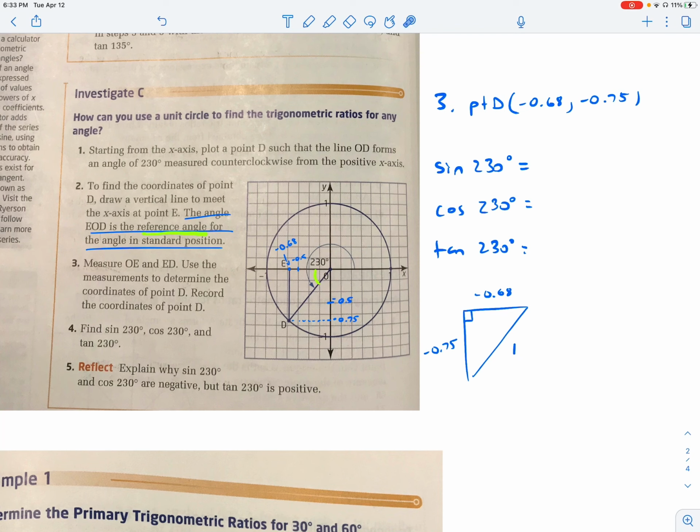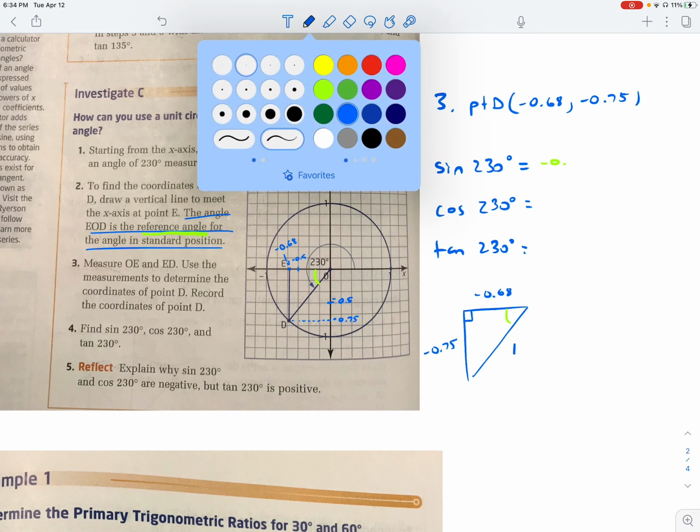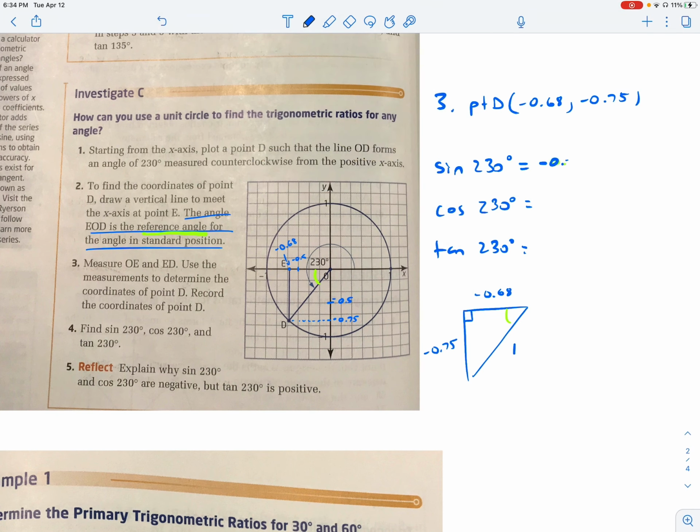To do sine of 230, all we need to do is use the acute angle here, the reference. Sine is opposite over hypotenuse, so we get negative 0.75 over 1, which is just negative 0.75.